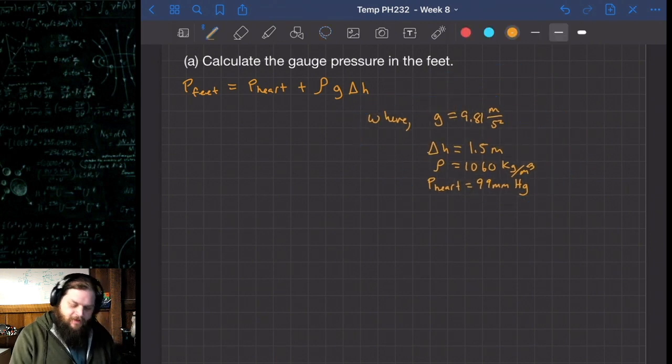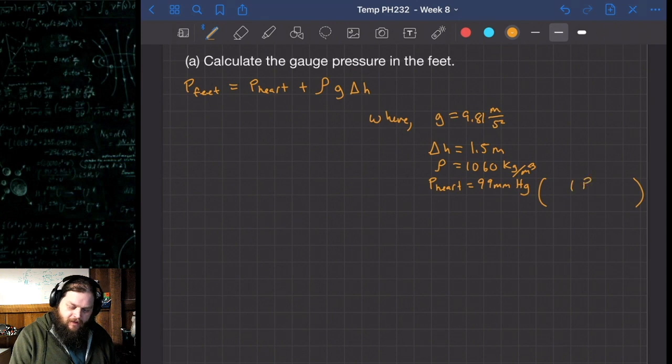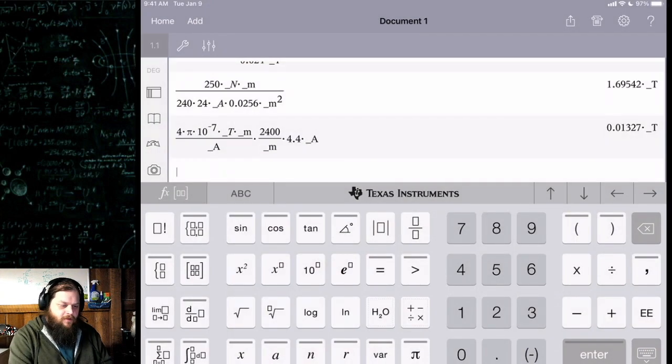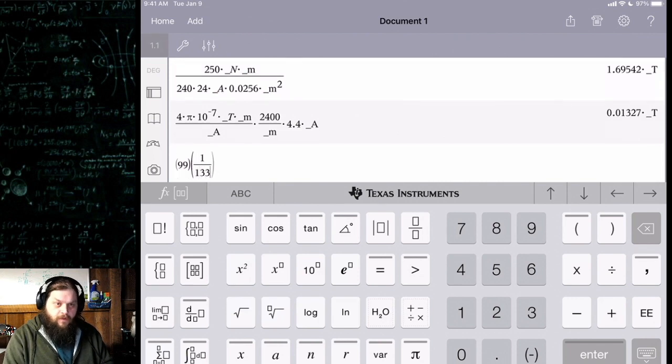We can convert this millimeters of mercury to pascals by saying that 1 Pascal, this is really just the conversion rate, is equal to 133.32 millimeters of mercury. And that'll convert us to pascals. So let's try that out here. That's 99 times 1 divided by 133.32.